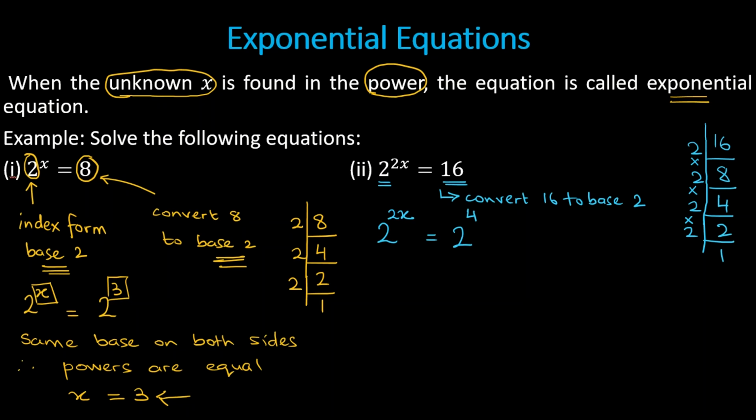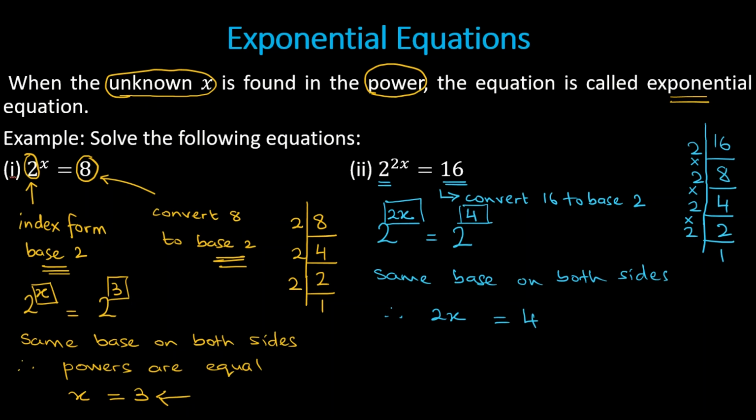So now we have same base on both sides. What do we have to do? Therefore, the powers must be equal. That is 2x must be equal to the second power, which is 4.